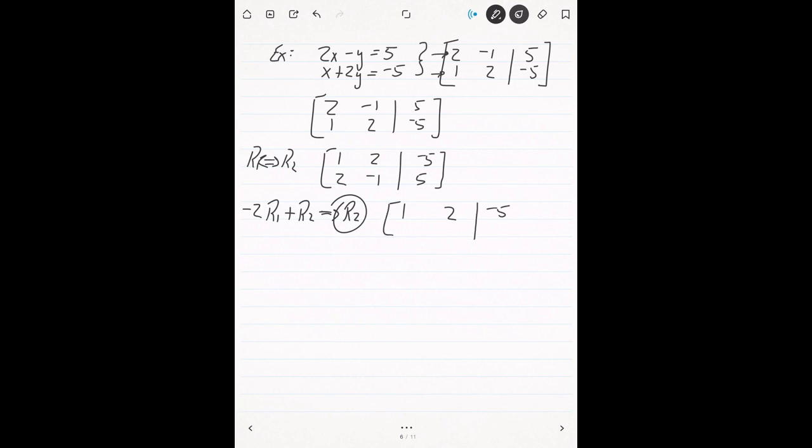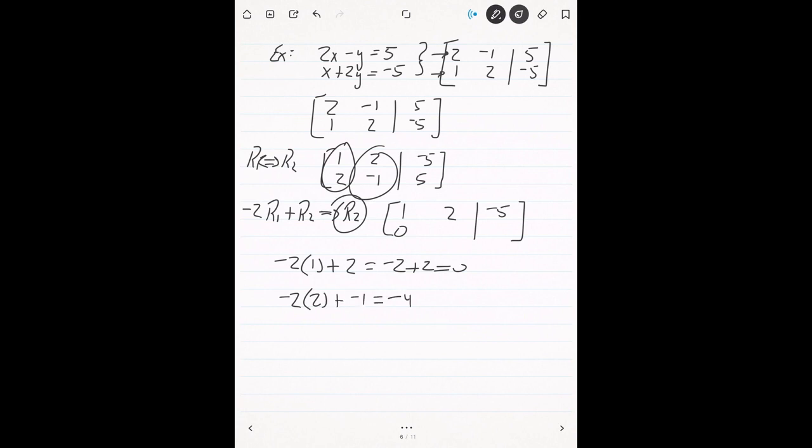So let's think. Let's take -2 times 1 and add that to 2. So what do I get? -2 plus 2 is, hey, that's a 0. So there we go, we have a 0 here. Now let's take the second column. -2 times row 1 is a -4. And let me add that to row 2, which is -1.